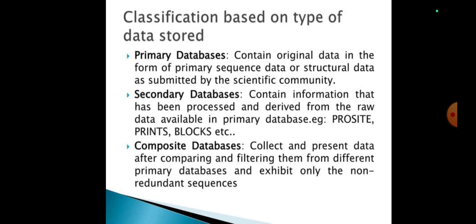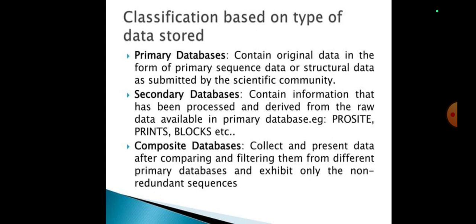And here is the classification of databases. First one is primary, secondary, and composite databases. Here the classification is based on the type of data. In the primary database, we can get the raw sequences, that is, the original sequences as such.